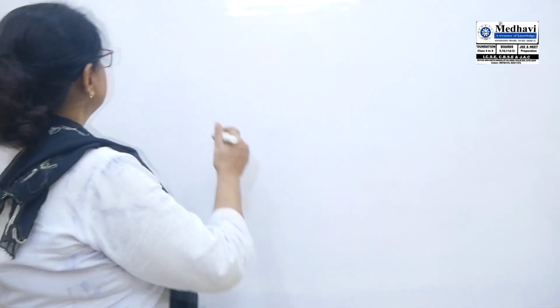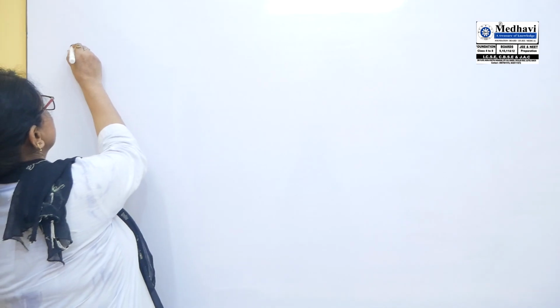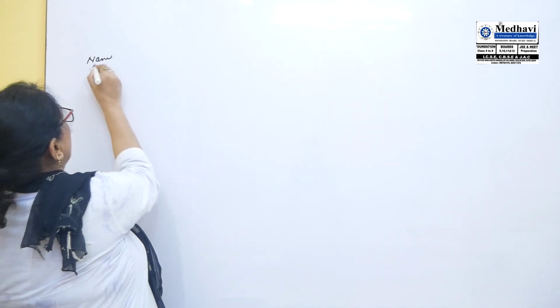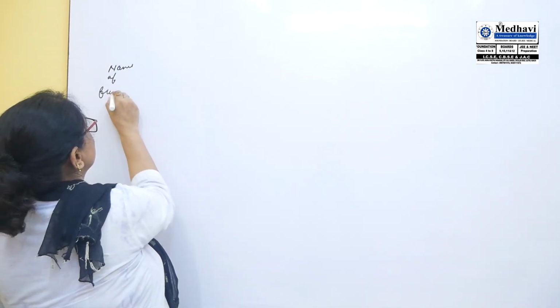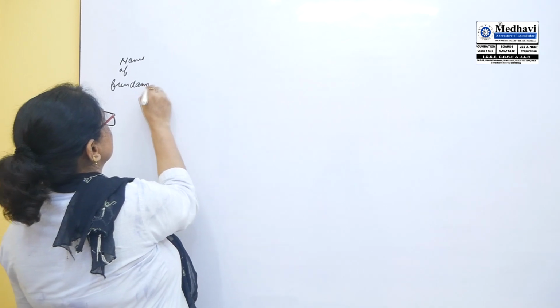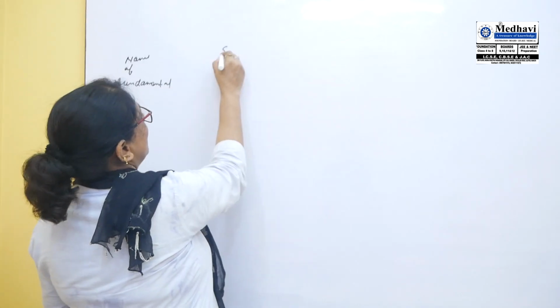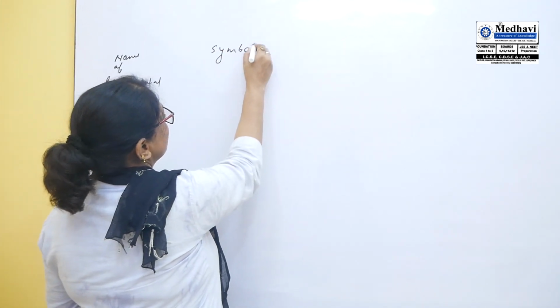So first I will categorize electron, proton and neutron on the basis of the following properties. First, name of the fundamental particle. Symbol. What is their symbol?